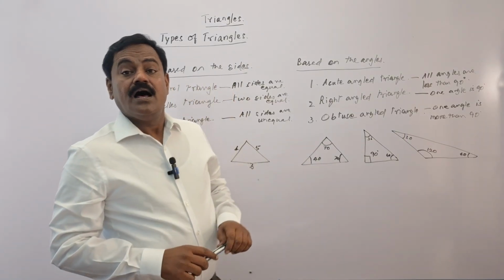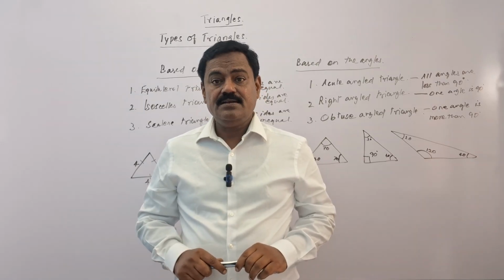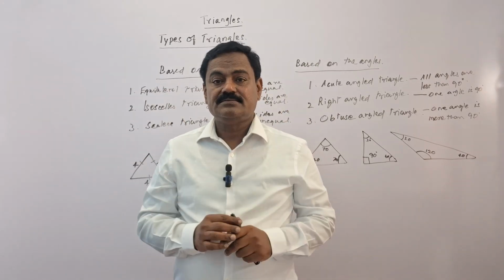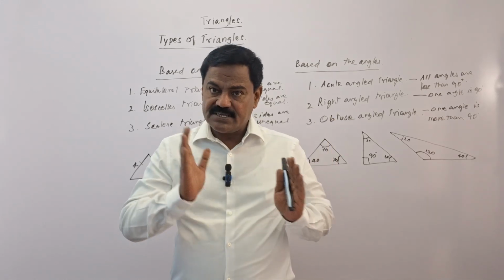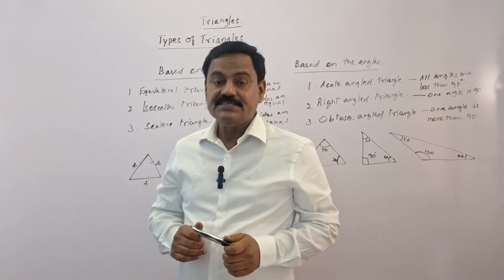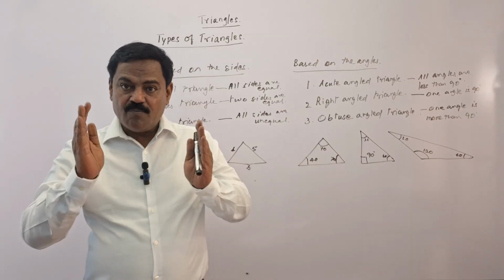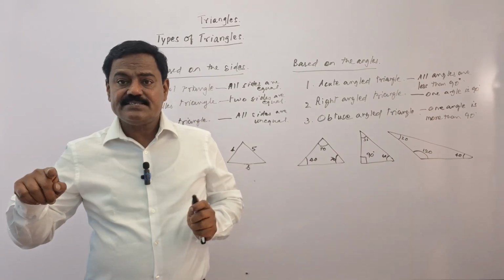Clear, students? So in a nutshell, in this video we have seen what is a triangle and what are all the types of triangles, right? To recall your memory, a triangle is a simple polygon, a shape formed by the intersection of three lines.